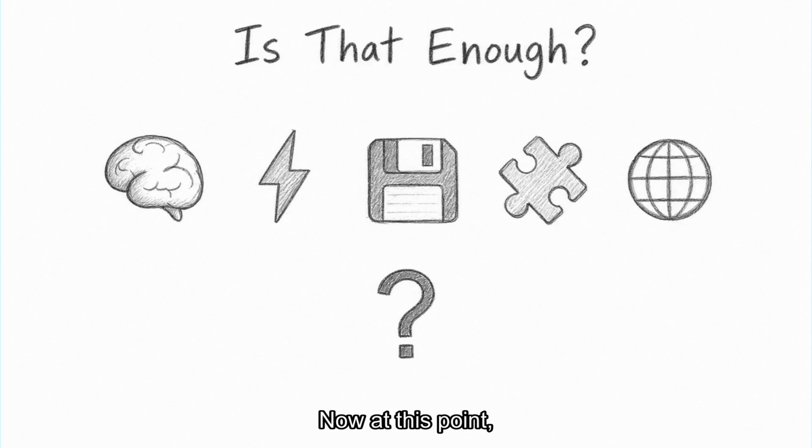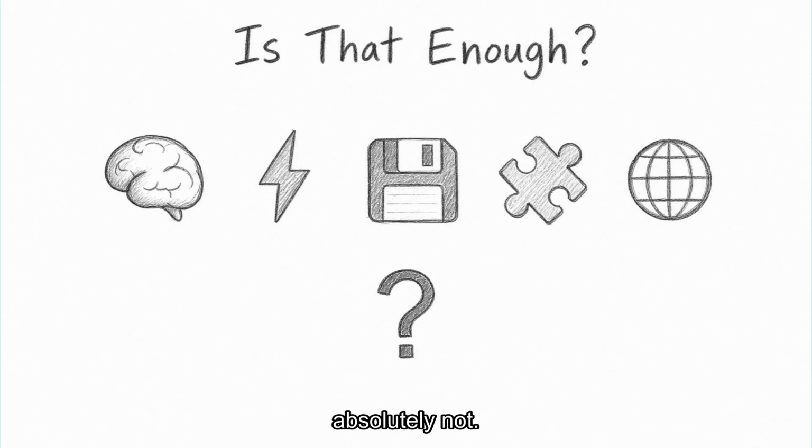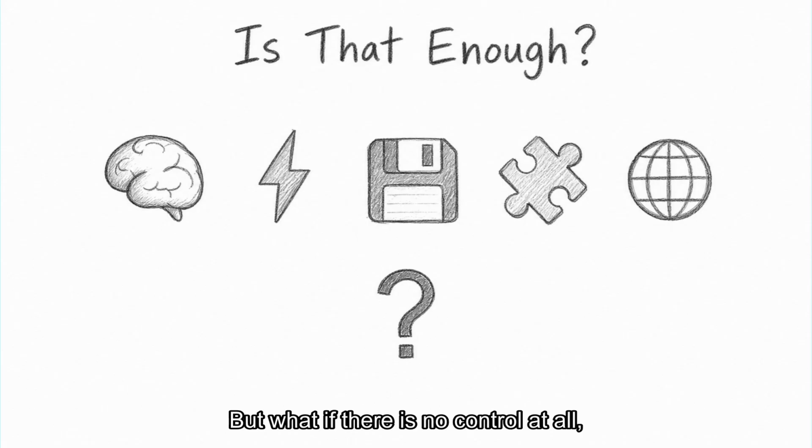Now at this point, an important question appears. If all of these parts exist, does the computer automatically work in a clean and organized way? Absolutely not. In a kitchen, you may have a shelf, a counter, a fridge, and incoming orders. But what if there is no control at all? What happens?